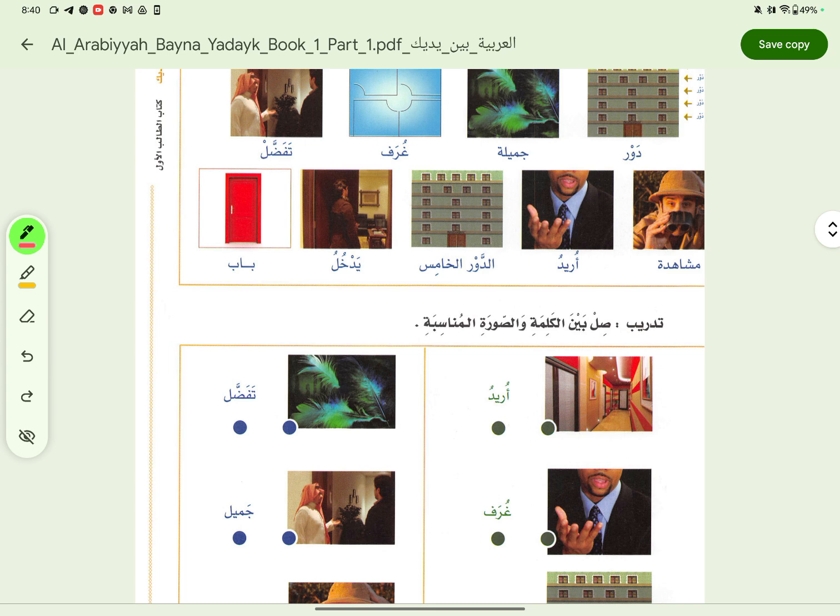Another one is dafa'a, which means to defend, and dafa'a, which means to pay, right? Like he paid or defended. So even though they have similar spelling and similar sound, they are different words. We have it in English as well.